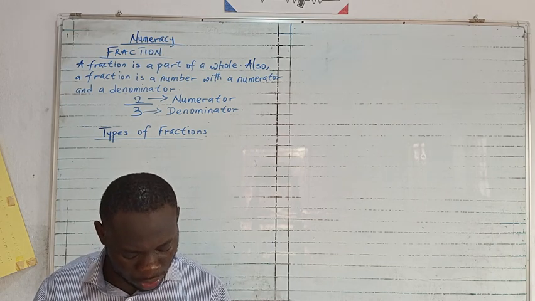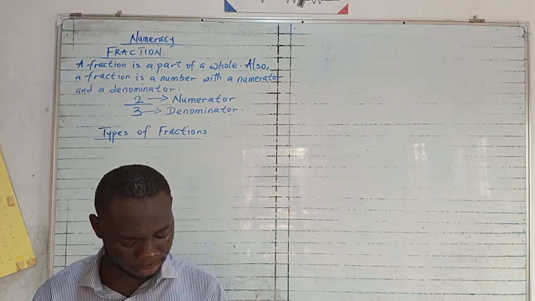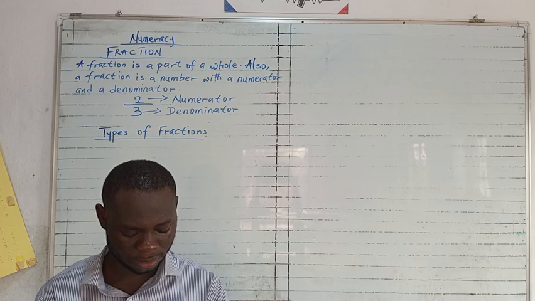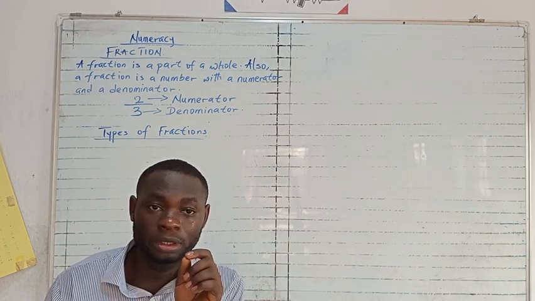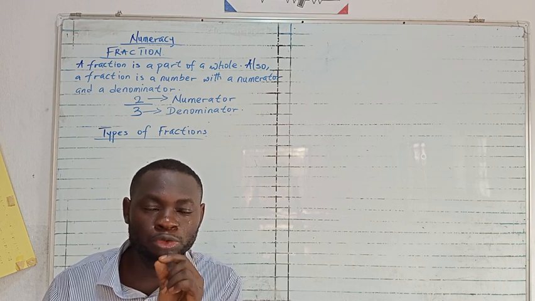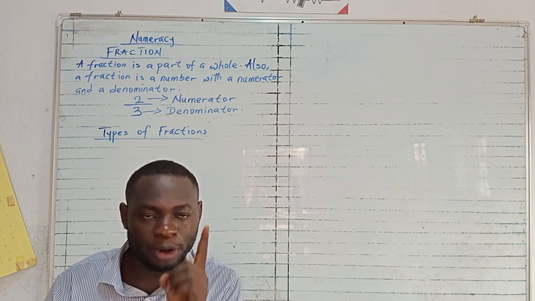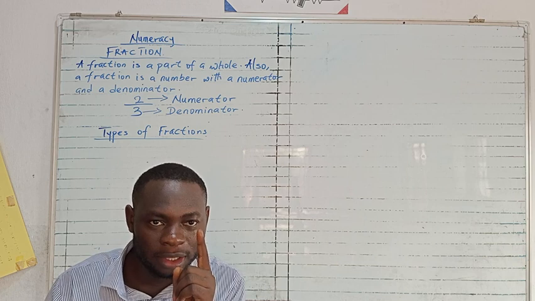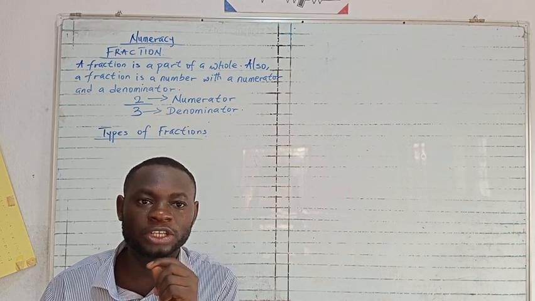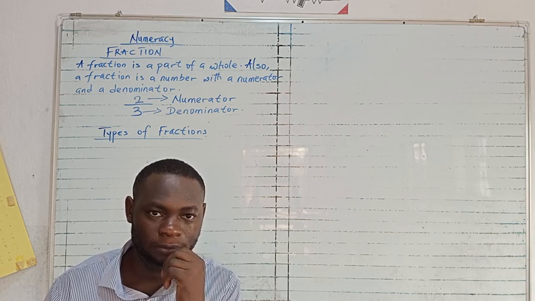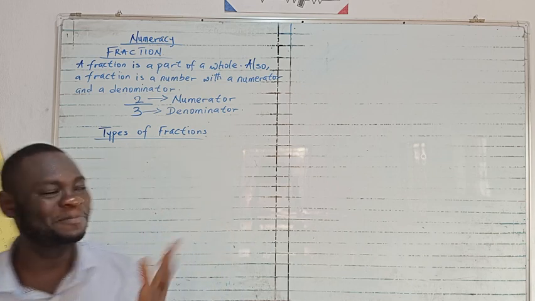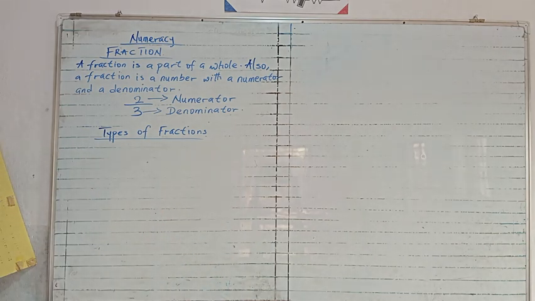Now, let's look at the meaning and how to identify a proper fraction from an improper fraction and also a mixed fraction. Fraction identification, okay? Like I said, we have 3 types of fractions.